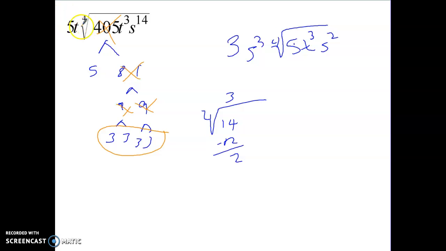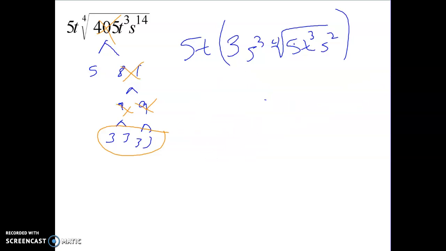We don't have to worry about a negative, but we do need to do something with that 5t. Okay, so remember, what does it mean when they're written next to each other like this? It means multiply. So I'm going to take this, and I'm going to multiply it by 5t. Okay, so let me get a little bit extra space here. Get rid of my division. All right, 5 times 3 is 15. S doesn't have anything to multiply with. T doesn't have anything to multiply with.